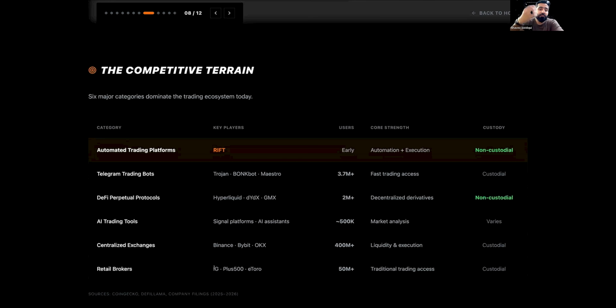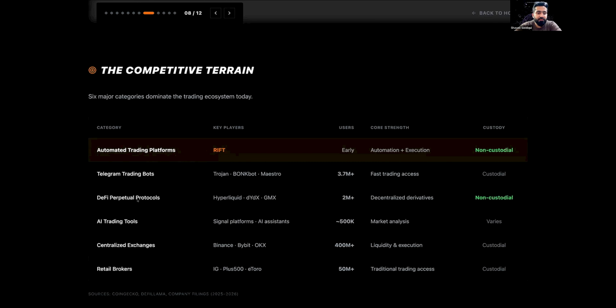Now let's look at the competitive terrain of Rift. We have compared the product with existing tools in the market. This pitch deck, this portfolio, is going to compare everything A to Z which is there in the market. First of all, our platform is an automated trading platform. No such platform was there in the market which allowed an automated trading engine along with manual execution of trades.